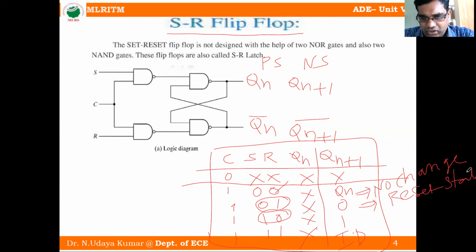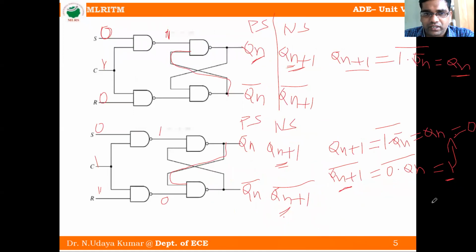Then 1, 0 we will get 1, it is called the set state. So whenever 0, 0 no change, 0, 1 means reset state, 1, 0 means set state, and 1, 1 means indeterminate state.